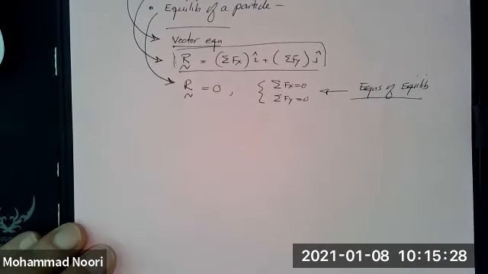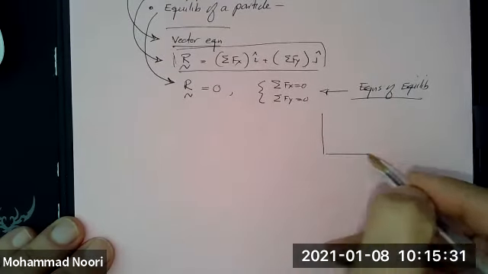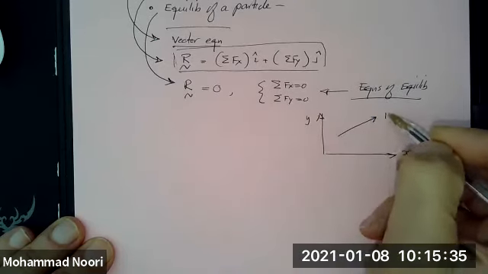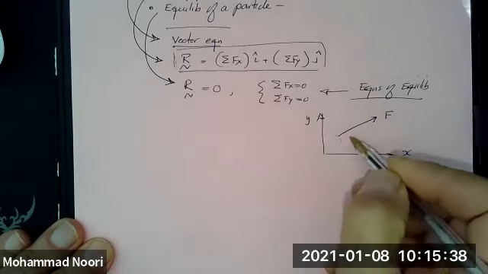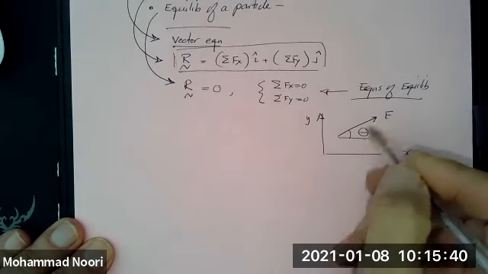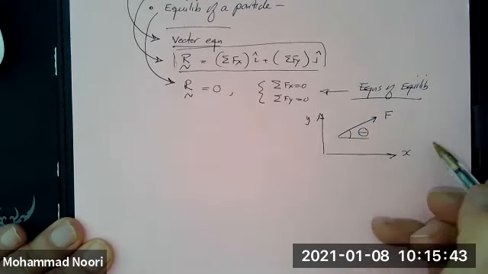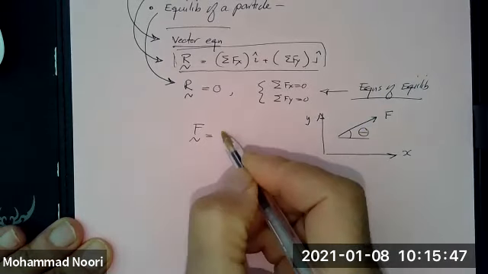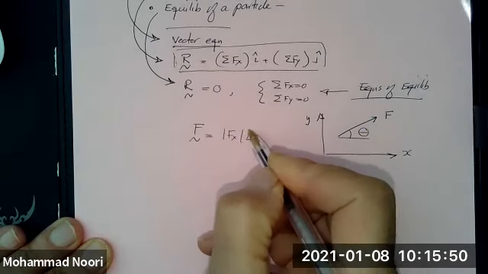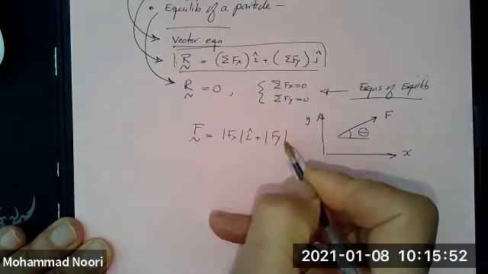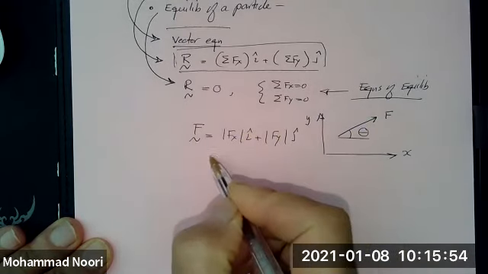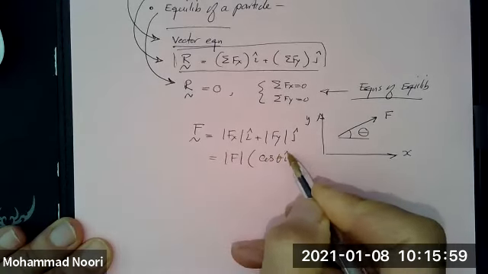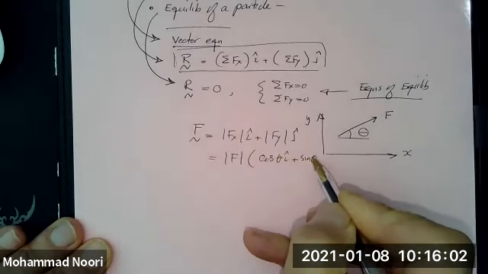In other words, instead of having two-dimensional x, y coordinates and a force that we demonstrated, if the angle that this force makes with the x-axis is given, we can write this vector equation in these two alternative forms: cosine theta i plus sine theta j.